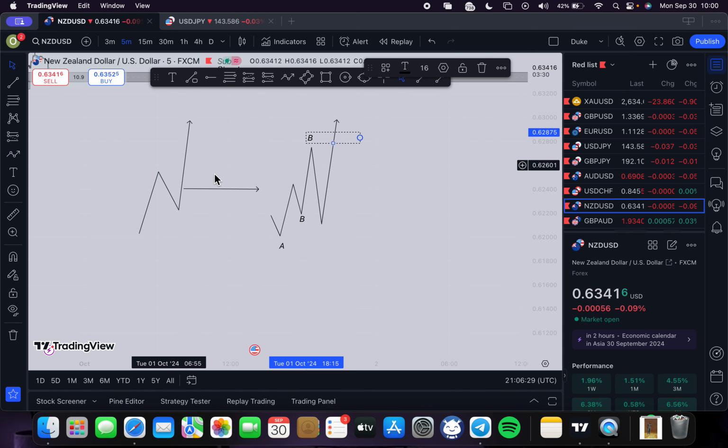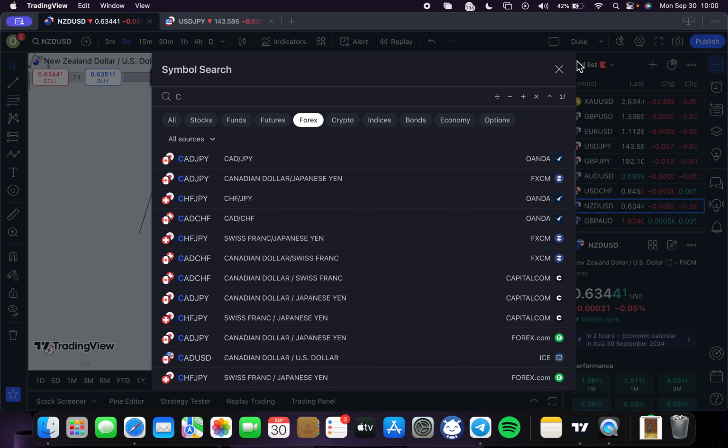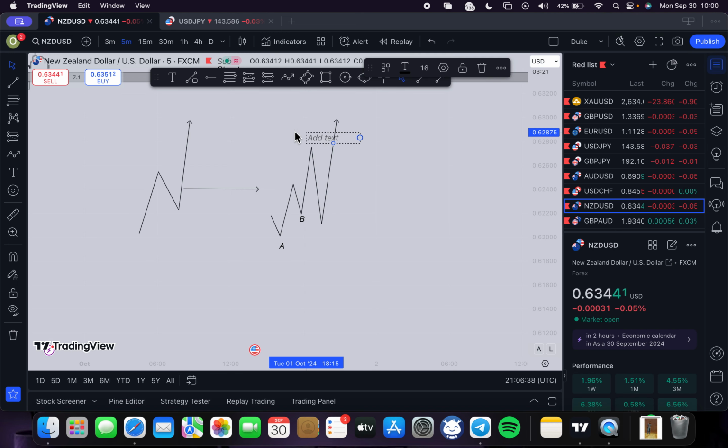Inside here. This particular place I'm talking about, this particular place I'm marking out ABC, we can still identify them. This is your overall swing.